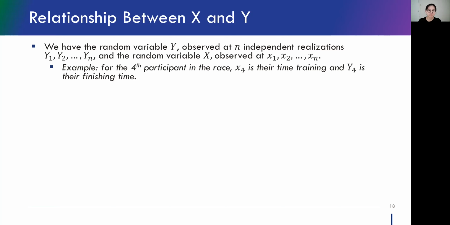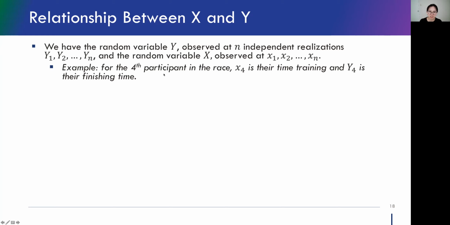We have the random variable y observed at n independent realizations, y1, y2, up to yn. And for the random variable x, we also have x1, x2, up to xn. This just reiterates the definition of data pairs and the order of our data set. For example, for the fourth participant in a race, x4 is their training time and y4 is their finishing time.